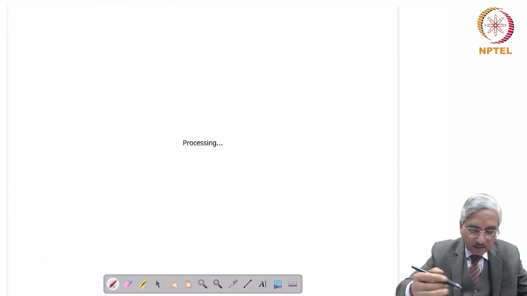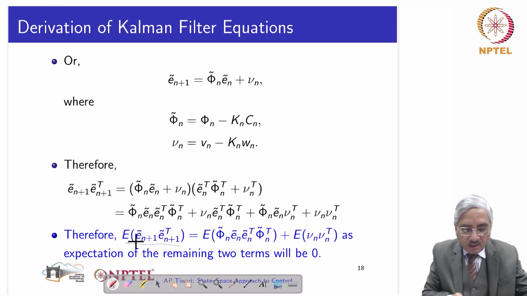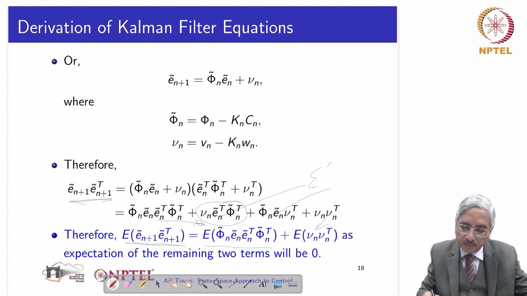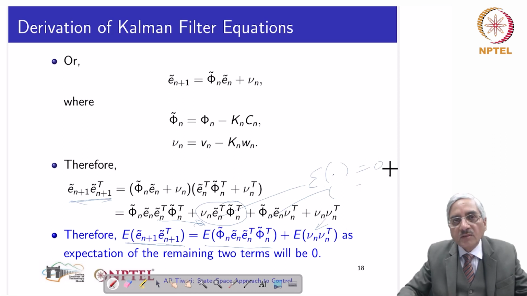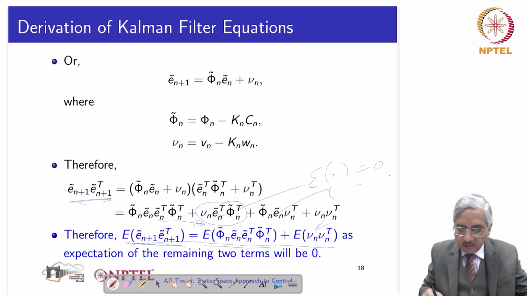This is what is written next. Expectation of this product is expectation of this plus expectation of this. Expectation of this is 0, expectation of this is 0. So we are left with this.